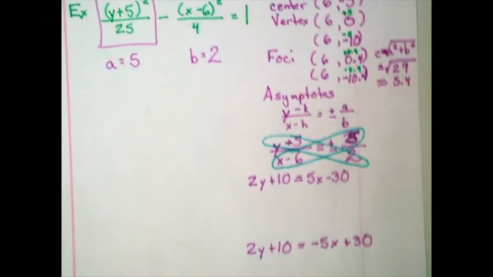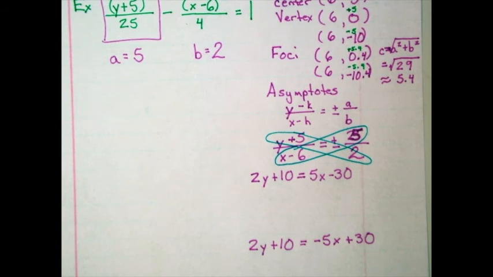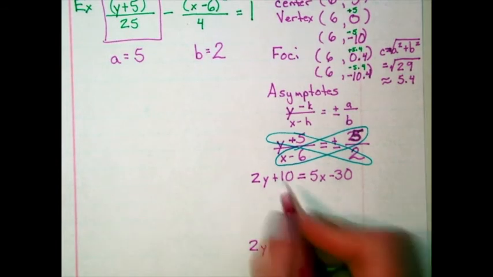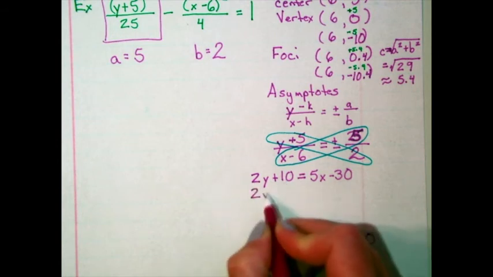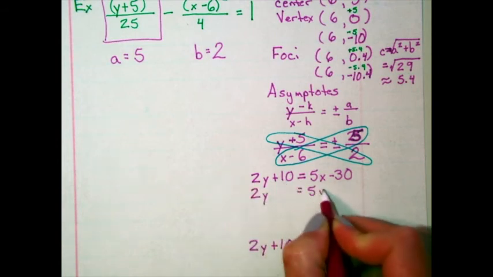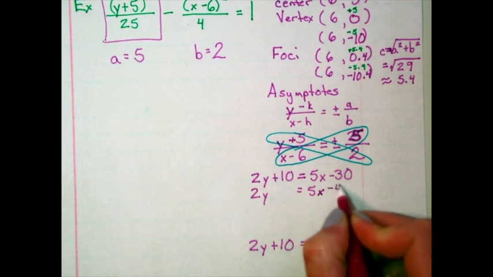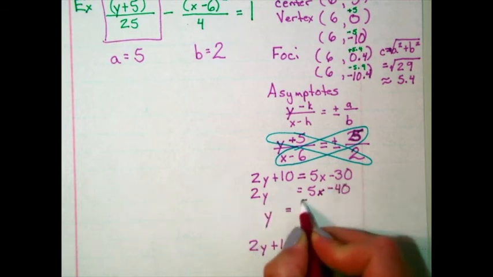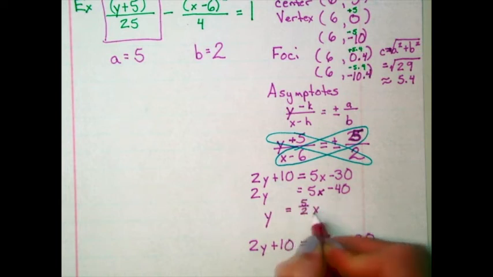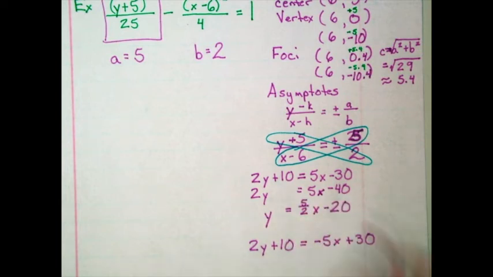So let's solve both of these for y so we can figure out what the equations for our asymptotes are going to be. Now sometimes you will need the equation, but sometimes that won't be the case. So we need to subtract 10 over and then divide everything by 2. So we've got y is equal to 5 halves x minus 20. So that's one equation.